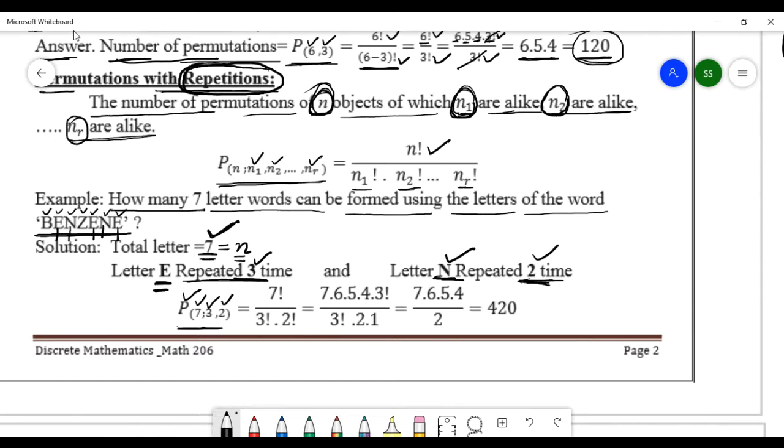Okay, so here factorial n, so here factorial 7. Below, only repeated: e repeated 3 times, so 3 factorial, and n repeated 2 times, so 2 factorial, multiplied by 2 factorial. Write only the repeated numbers, and on top write n factorial, that is factorial 7.